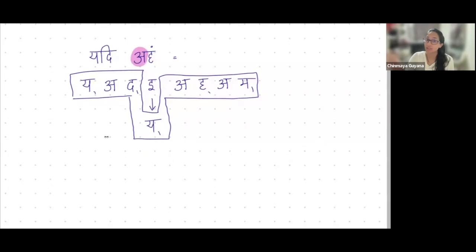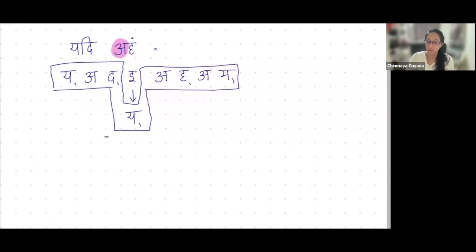Now, the challenge is joining it back together. So, what will this look like when you write it as one word? Ya halant and da is dya. Da halant, ya halant, is dya. The vowel, the conjunct consonant dya. Everyone, I hope you're following.